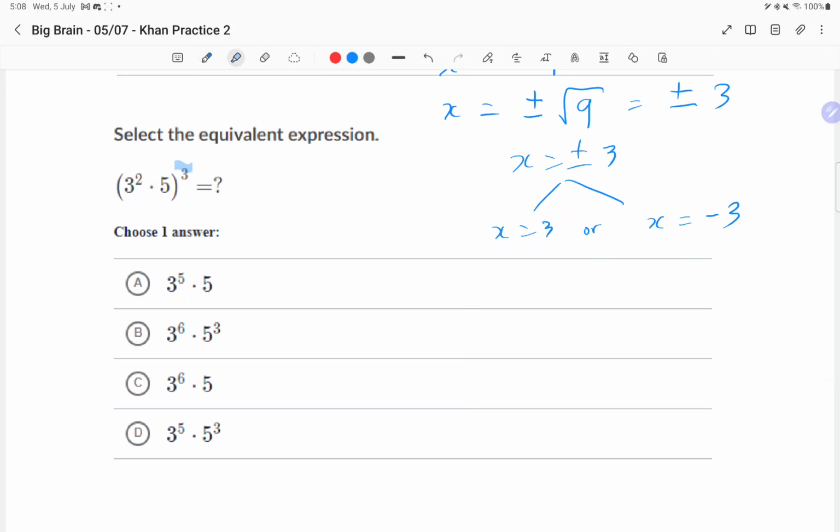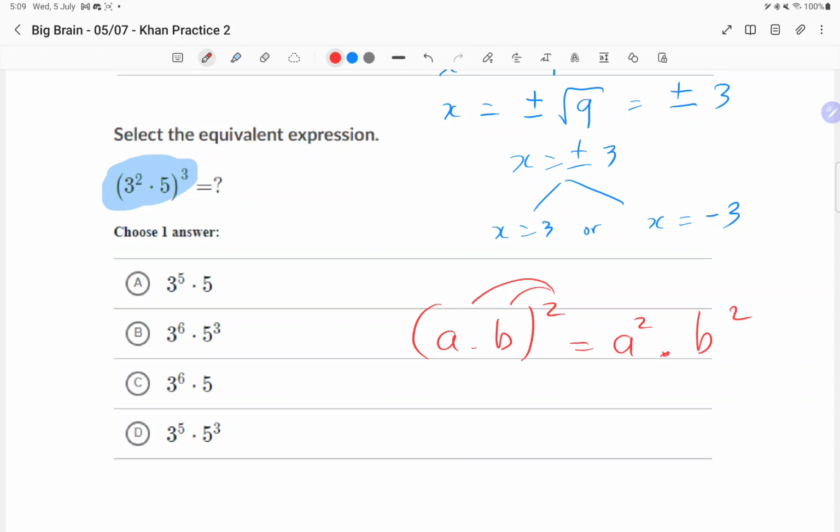But next one is, how do we expand the brackets of the exponent here? How do we expand that? Any idea? What is the expansion of, let's say, a times b, everything squared? Well, you just distribute the power in, so that'll be a squared times b squared.